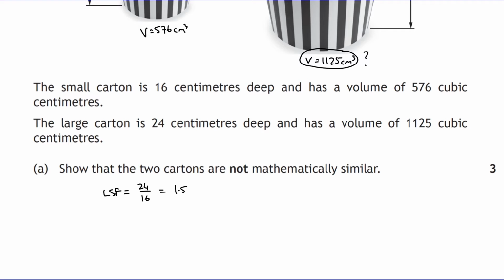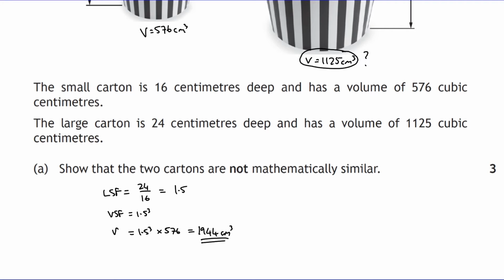So the bigger carton is 1.5 times the smaller carton in length. The volume scale factor would be 1.5 cubed, and the missing volume I'm looking to find is 1.5 cubed times 576. That gives us 1944 cm cubed.